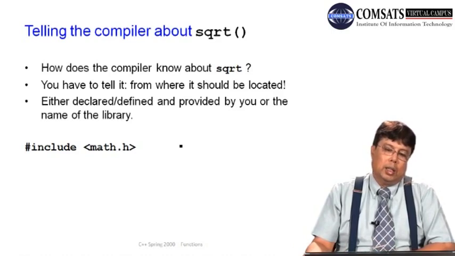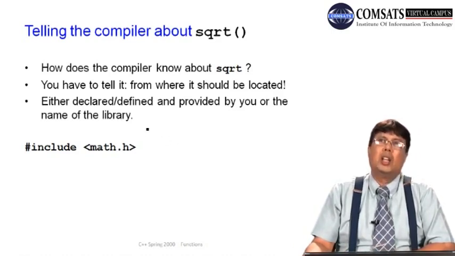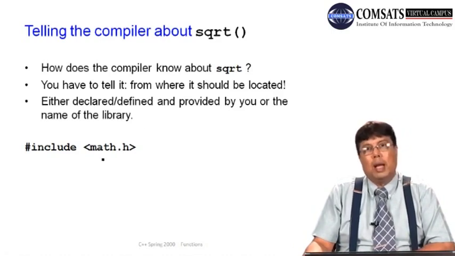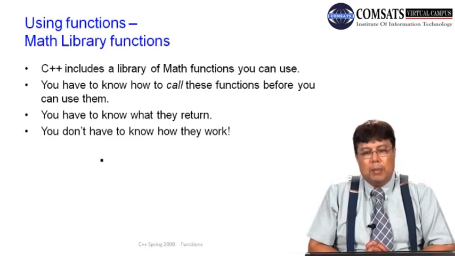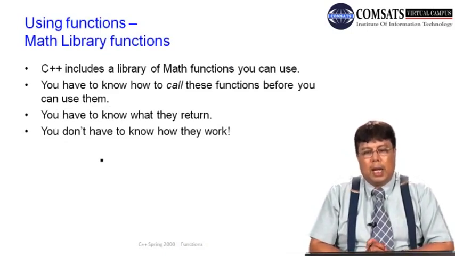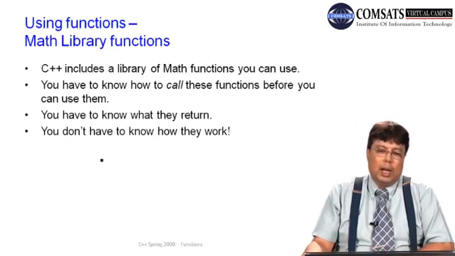Since square root is available in the library called math.h, here you will provide include math.h. So C++ includes a library जो मैंने भी आपको थोड़ी देर पहले बताया था कि this is called a math library. So you need to know कि how can you call that, and then you need to know what it should return, but you don't need to know how it computes.